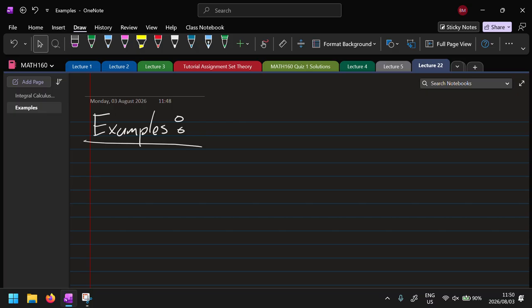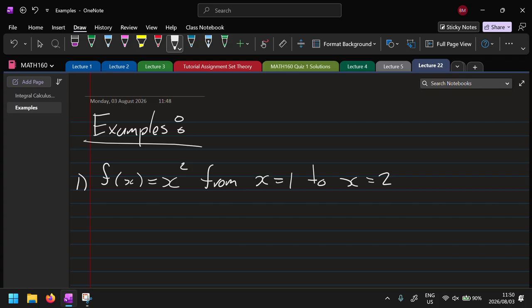So example number 1. We have f(x) equal to x squared, just a simple quadratic, from x equals 1 to x equals 2. That's the setup for the problem. We have some function, and we want to find the area below the curve from x equals 1 to x equals 2.